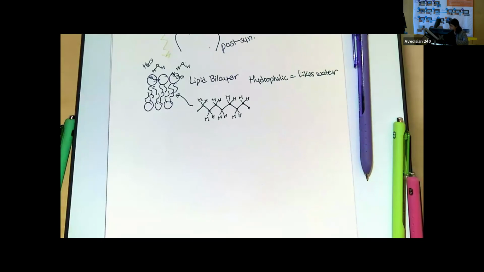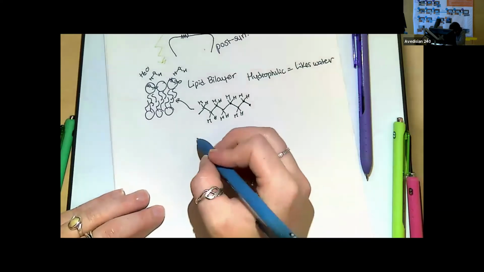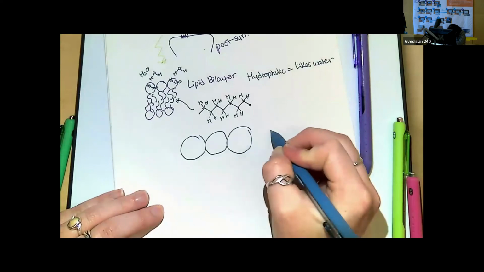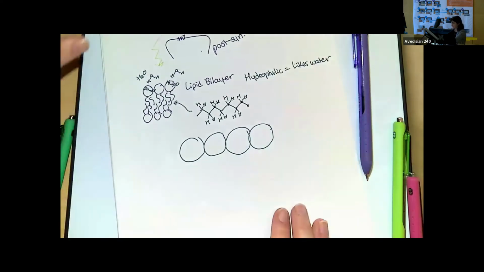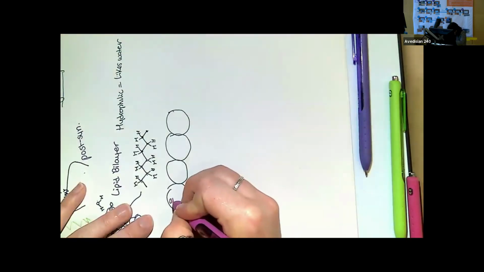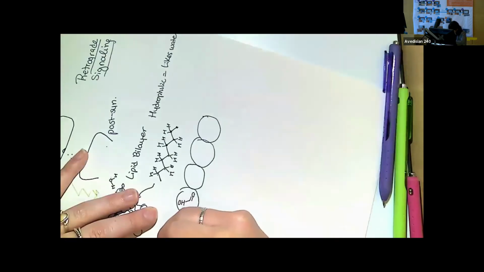But what if we were to use an example of what is actually making up our lipid bilayer? What we're going to see making up our lipid bilayer is a molecule called arachidonic acid.